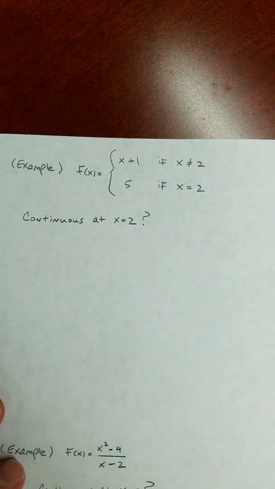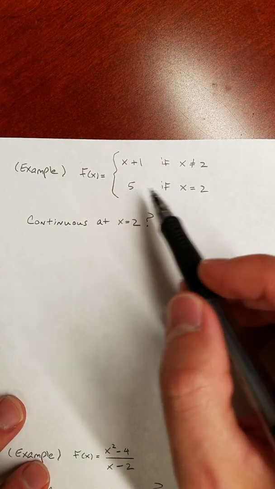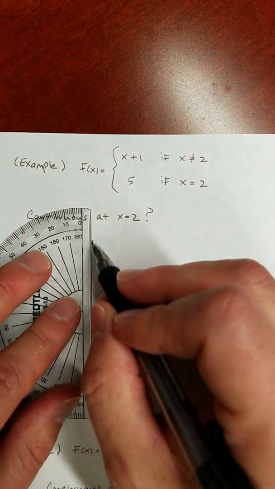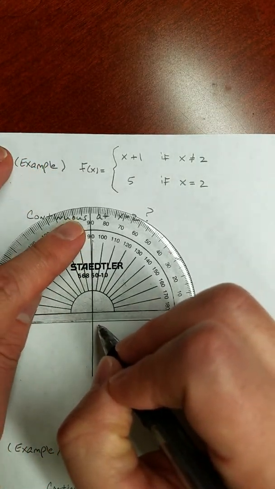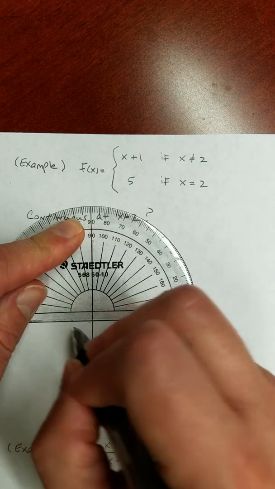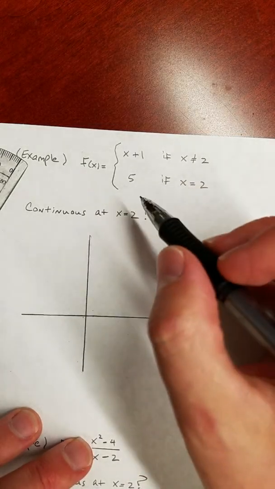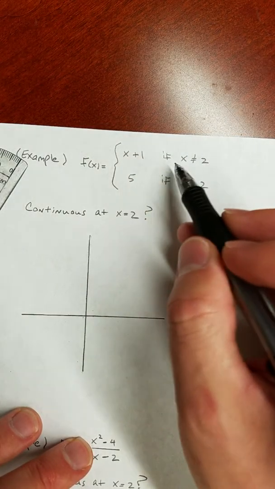So let's look at this one. All right, is this function continuous at 2? So let's treat it like the others. We'll sketch it out real quick, and we'll probably have a pretty good feel of it once we sketch it, and then we'll do the math, and it'll be like the others. So, what's this look like?